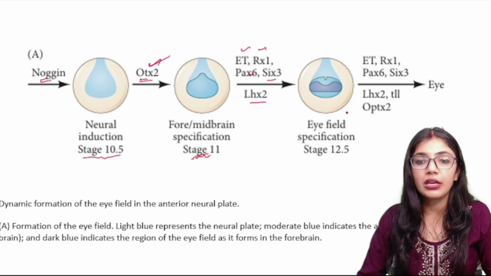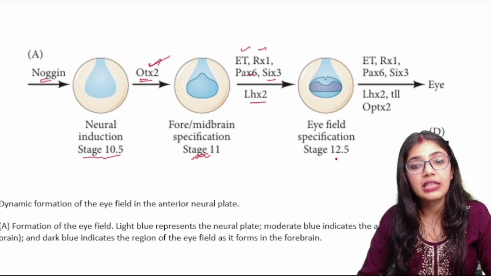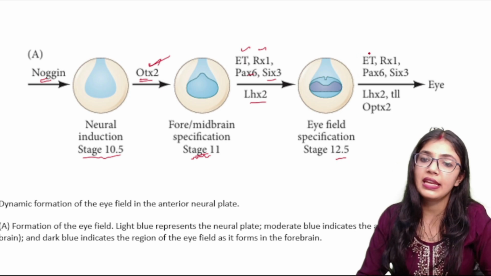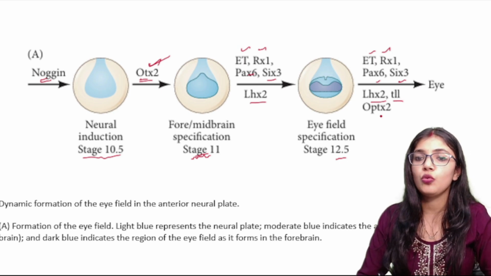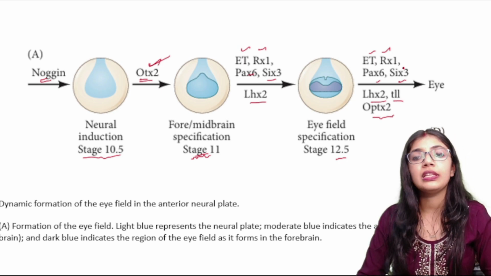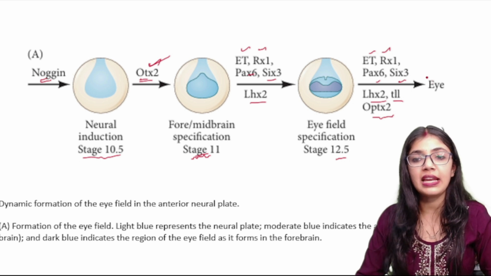After stage 12.5, ET, RX1, PAX6, SIX3, LHX2, TLX, OPTX2, all of these will be formed, and they will decide the place where the eye will be formed.